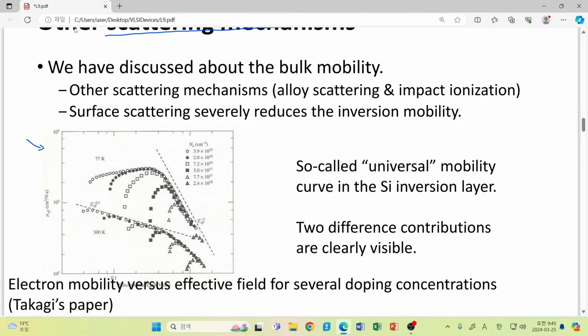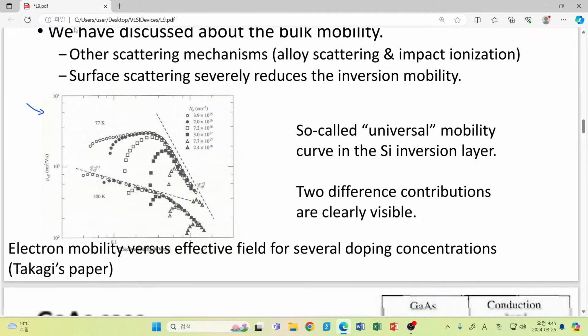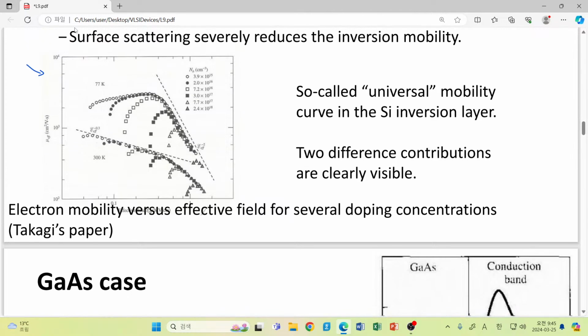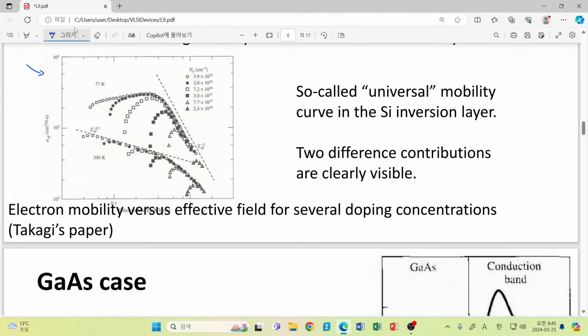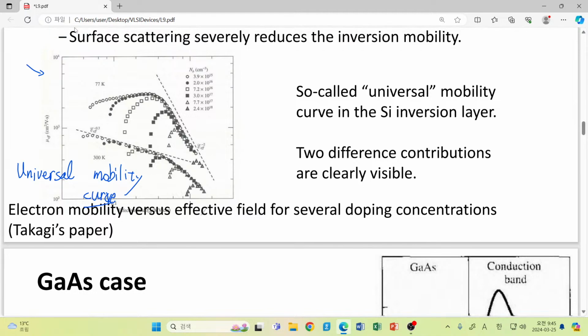This graph is so famous, therefore you have to get familiar with it. That is usually called the so-called universal mobility curve. Please have a look at this graph. This graph simply draws the mobility as a function of electric field.